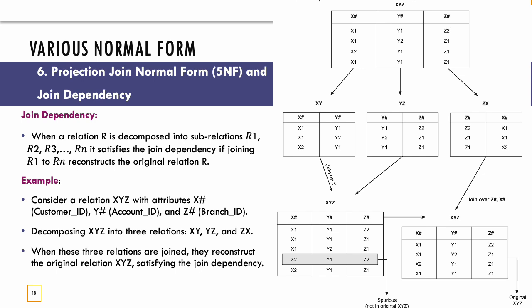A join dependency occurs when a relation R can be decomposed into smaller subrelations R1, R2, R3 until Rn.